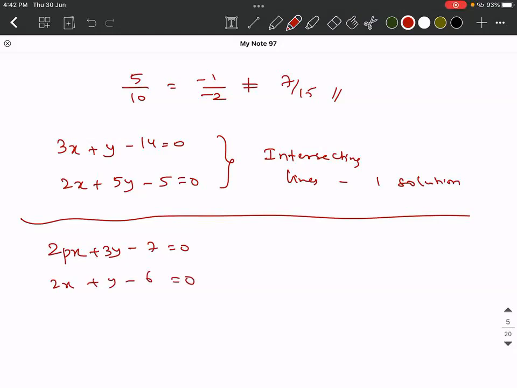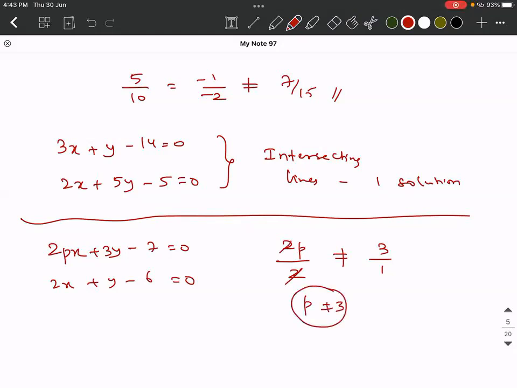So you have two linear equations and you want to find the values of p. Page number 52, I think. So you need to find the values of p for which these two lines are intersecting lines. So for them to be intersecting, what is the condition? 2p by 2 should never be equal to 3 by 1. So cancel it. p should never be equal to 3.